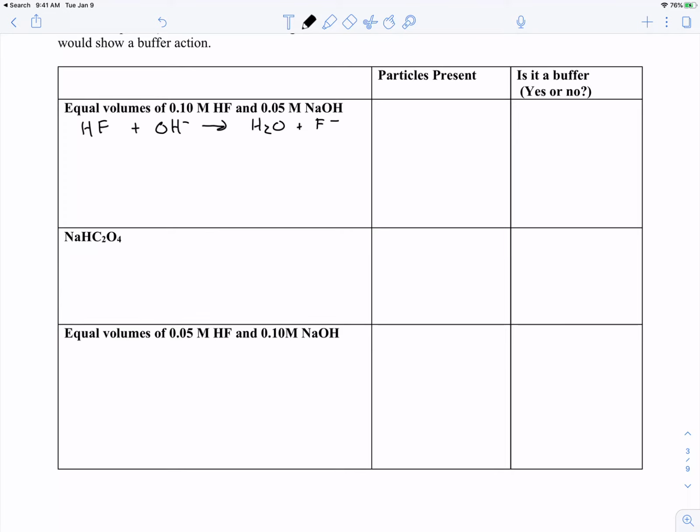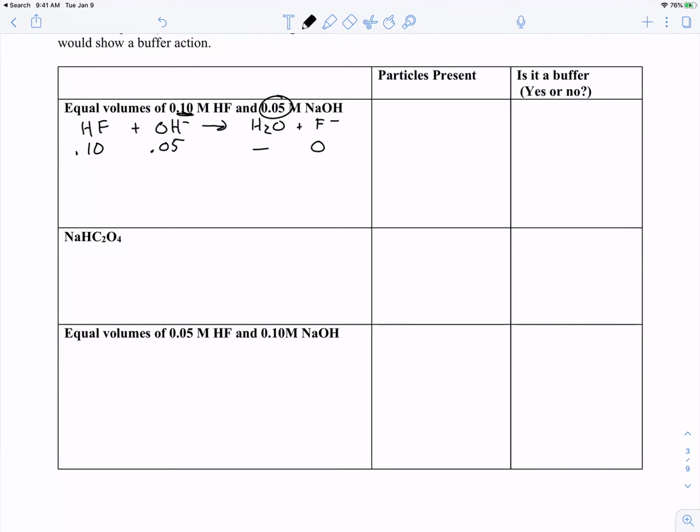So it says here that we've got 0.10 molar hydrofluoric acid and we're adding equal volumes. So we can determine that the number of moles will be in the ratio of 0.10, and then it says 0.05 molar hydroxide. We start off with fluoride ions of 0.